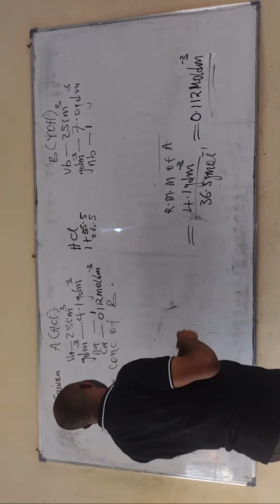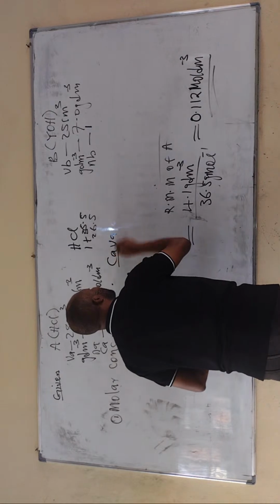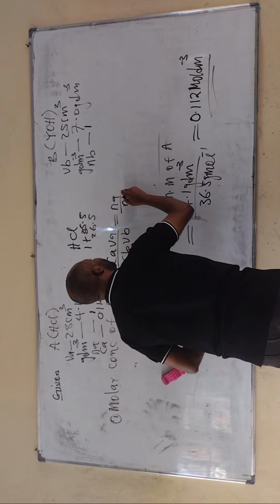Molar conc of B can now be gotten by using the formula CAVA over CBVB is equal to NA over NB.